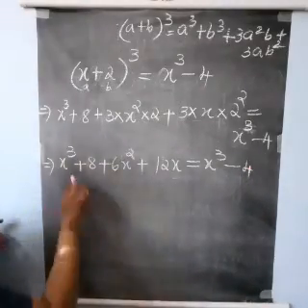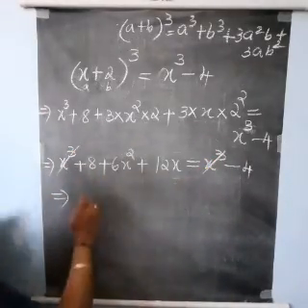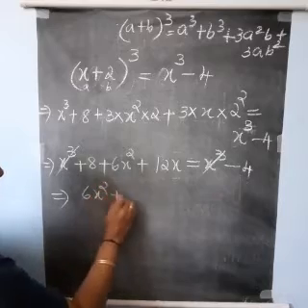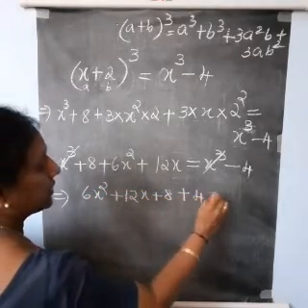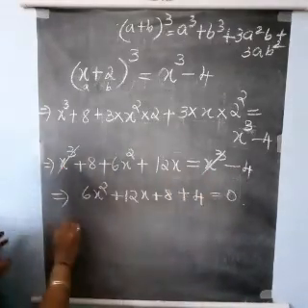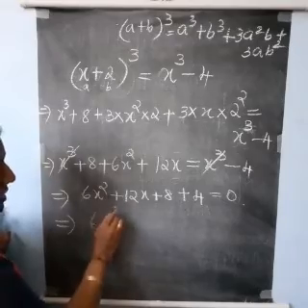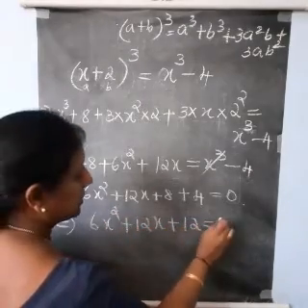Here x cubed will cancel out, and what is the equation that you will get? 6x squared plus 12x plus 8 plus 4 equal to 0. I have transposed this 4 to this side. So what is that equation? 6x squared plus 12x plus 12 equal to 0.